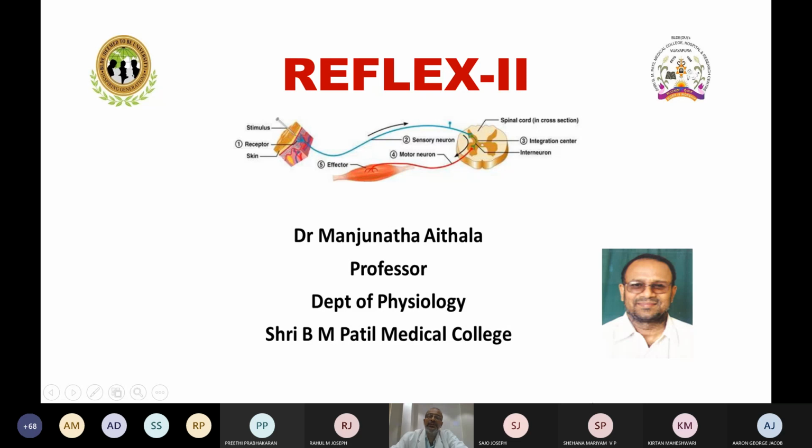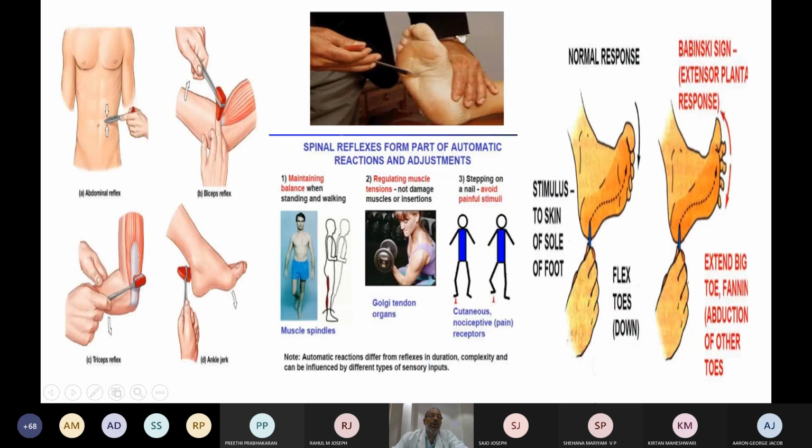So we have mentioned various reflexes. This is one of the important reflexes you are going to demonstrate: abdominal reflex. So we have mentioned superficial reflex, abdominal reflex.